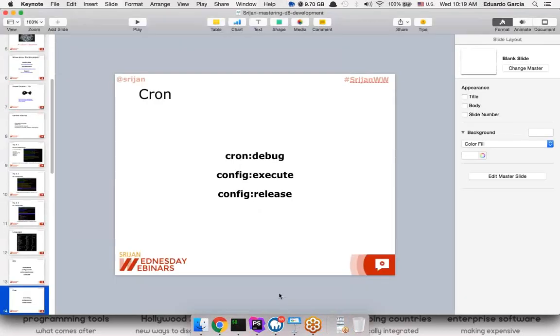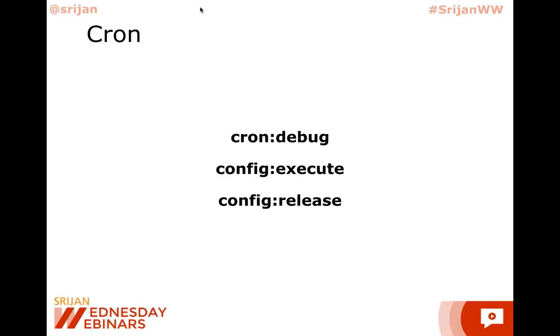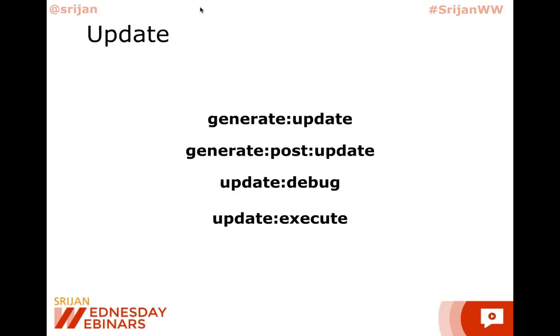In the same way, we have commands for update, because update is a little problematic in terms of the core implementation. In a functional server, if you have many modules, usually you have to update many modules. And sometimes one module has a critical security issue that must be executed.